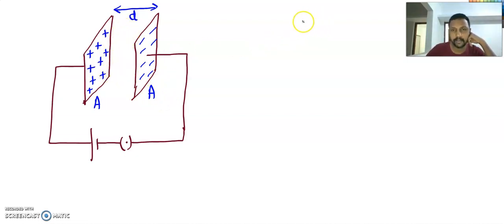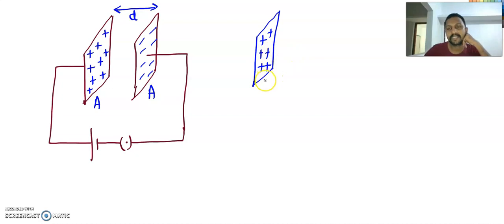For saying about the electric field between the two sheets, we will draw a diagram over here. If we are having a positive charge sheet over here, we have learned in our first chapter the electric field intensity due to a single sheet: E is equal to sigma by 2 epsilon.